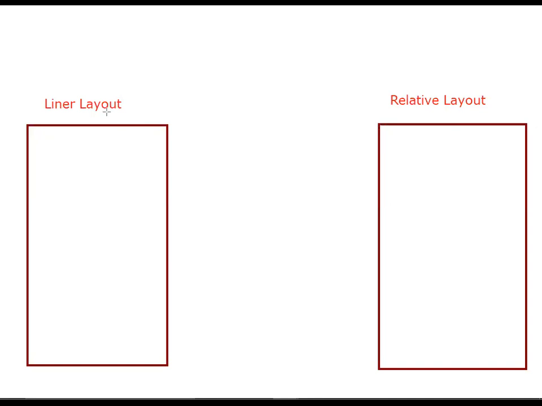In linear layout, we still have two different kinds of linear layout. The first kind is vertical, and the other kind is horizontal. By the name only, you will understand what they both mean, right? It's simple English. What's vertical linear layout?